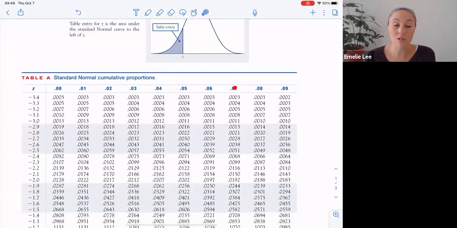Now, what this table is doing, and all it's doing, is giving you little cutoff points and saying, at each cutoff point between -3.49 and +3.49, here's the area to the left of each of these points. Okay, so let's go back there.